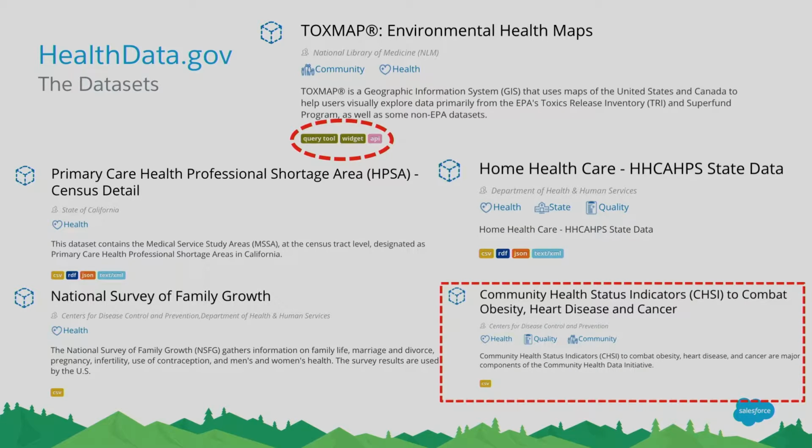And in particular, the data set that I use the most and that I am very fond of, that has provided a wealth of information, is the community health status indicators data. And I think I'll have you convinced in a few minutes that there is a wealth of information in this data set, that you can start to understand the context, the environmental pressures that your clients face in terms of the risks that they have, in terms of whether they have sufficient facilities in their county for emergency services and that type of stuff.